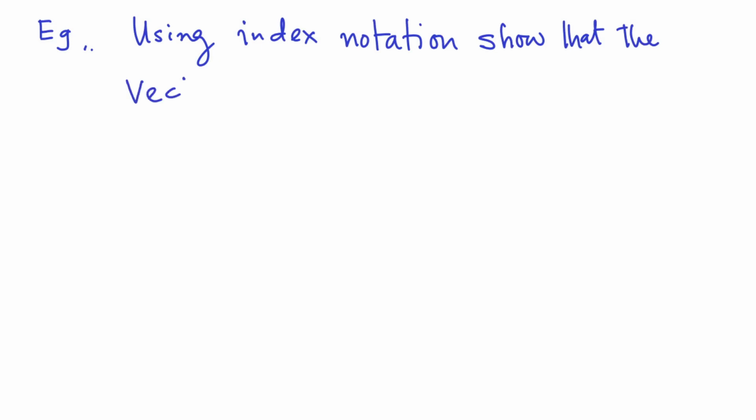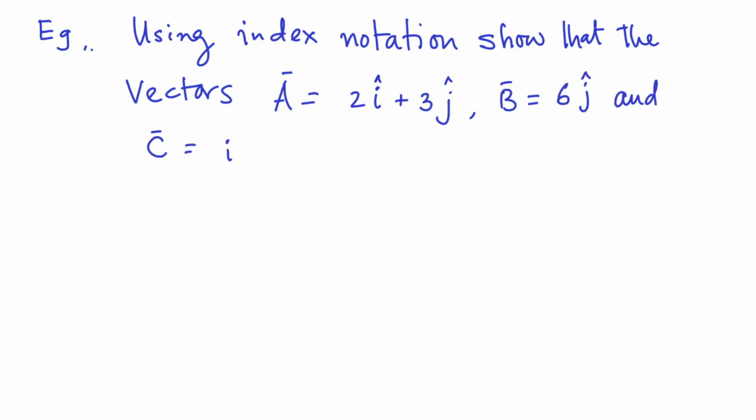Now let us consider an example, using index notation, to show that the vectors A, which is equal to 2i cap plus 3j cap, the vector B, which is equal to 6j cap, and the vector C, which is equal to i cap minus j cap, are coplanar.